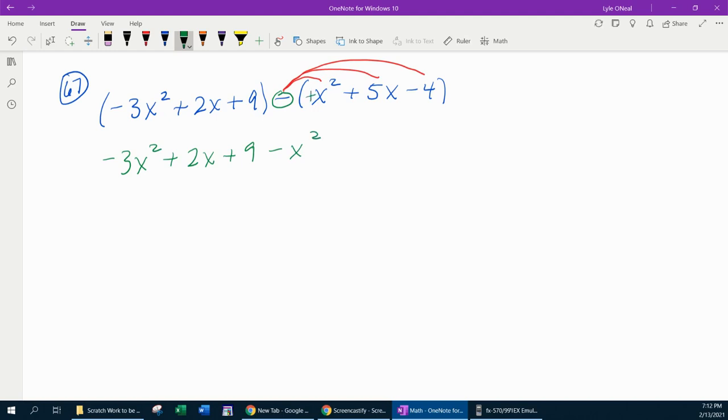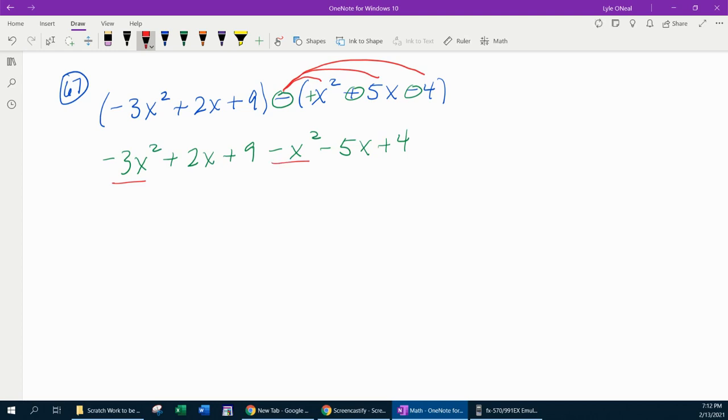Negative times a positive makes a negative. Negative times a positive makes a negative. And a negative times a negative makes a positive. So again, that's going to change the signs. And then you need to combine like terms.